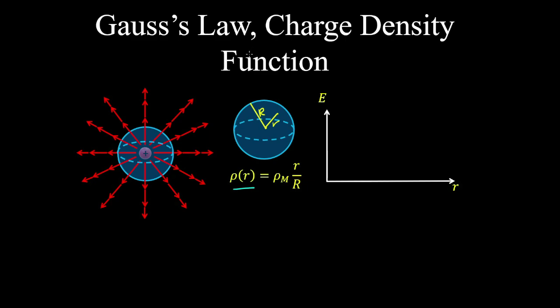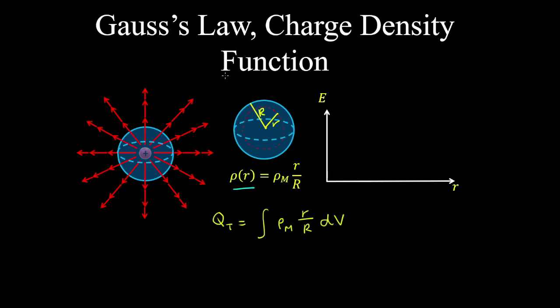So if we want the total charge enclosed by a sphere at some distance r from the center, then we have the total charge is the integral of the charge density function, which is in coulombs per unit volume, over the volume of that sphere.